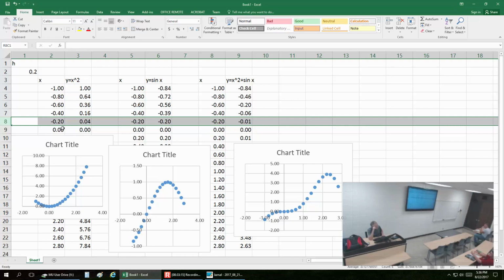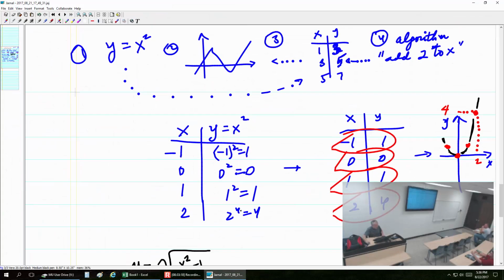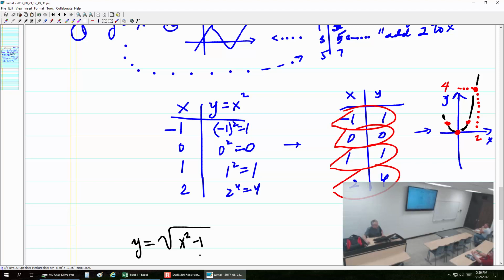If we're talking about compositions, that's not the case. If we look at this formula again, as you can see, it is x squared minus 1, then let's say that's our first function. The second function is square root. You cannot apply the square root until you already know the output of the first function. Okay, so if you want to write it out in 2 steps.